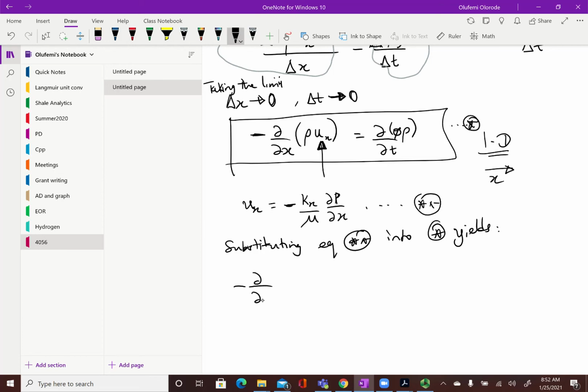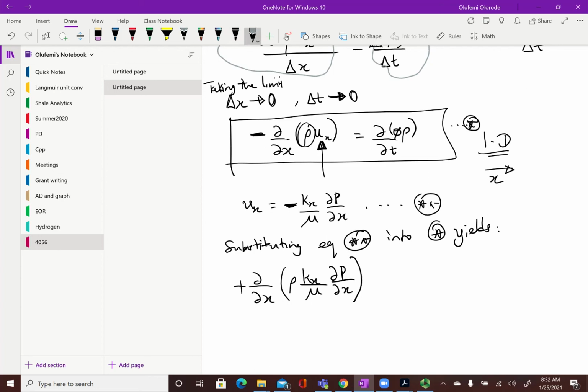minus partial derivative with respect to x of, this is minus, right? And there is a minus outside here. So those two negatives cancel out and this becomes positive. And you have rho, which is this term, times ux, which is what? Kx over mu dp dx.